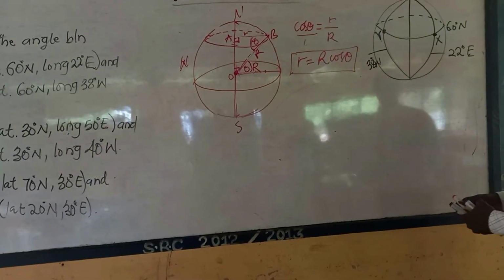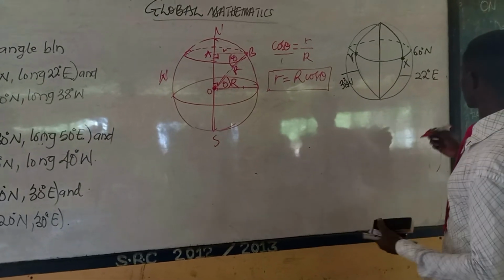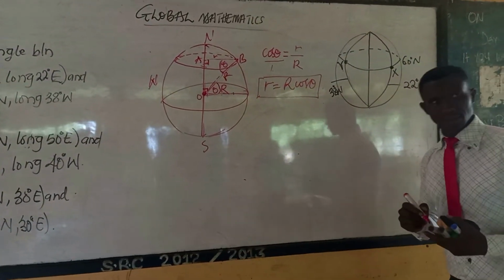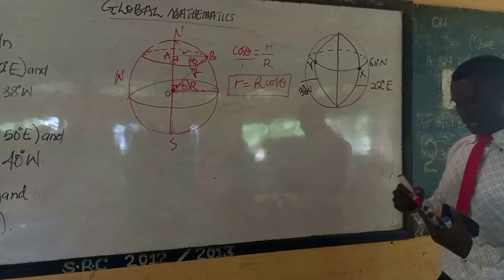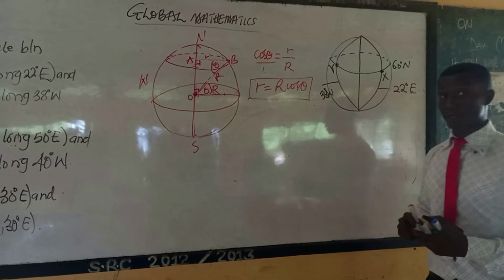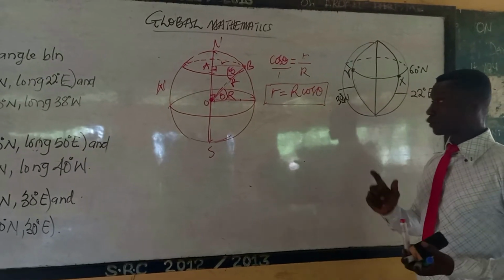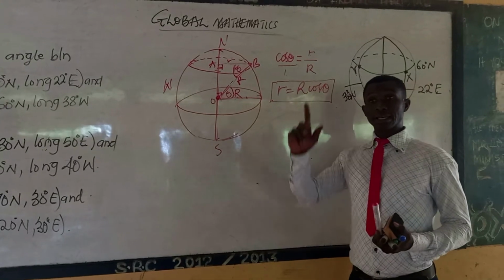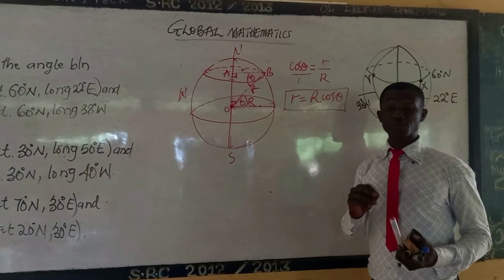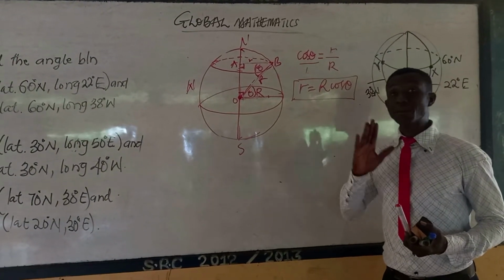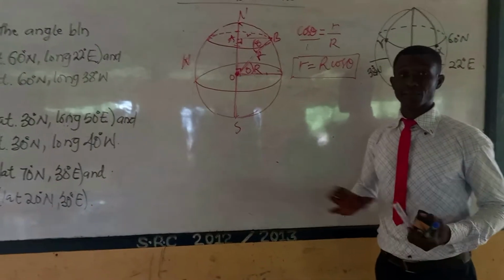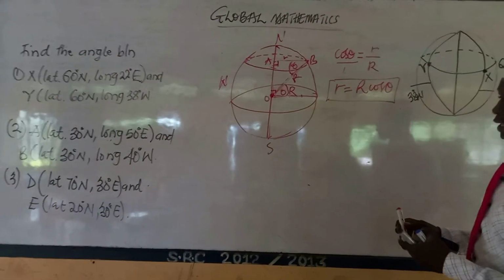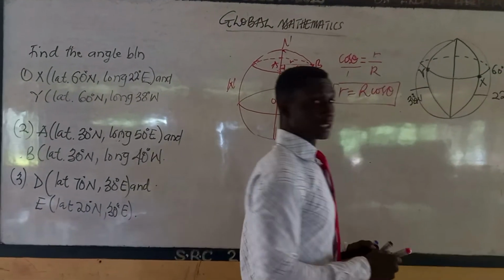One thing that you should know is that a point is located on the earth with reference to the prime meridian, which is longitude 0 degrees. That's the reference point for location of any point at all on the earth surface. So let's draw the longitude 0 degrees.